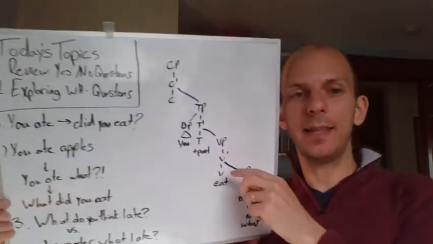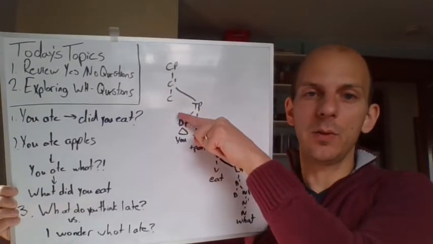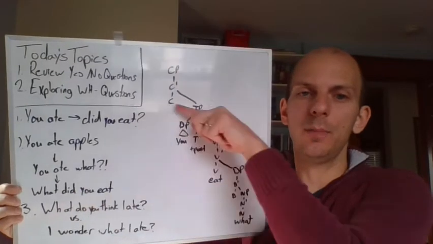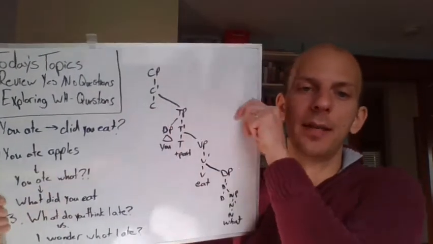This is just like that sentence, did you eat? So in the same way, we're going to put a plus Q feature in here because we can see that did showing up. So we know we want our plus Q, and we're going to draw up the past tense. So we're going to do this as our step one to figure out where it's moving to. Add in your plus Q feature, draw up the past tense, and then you get the do insertion.